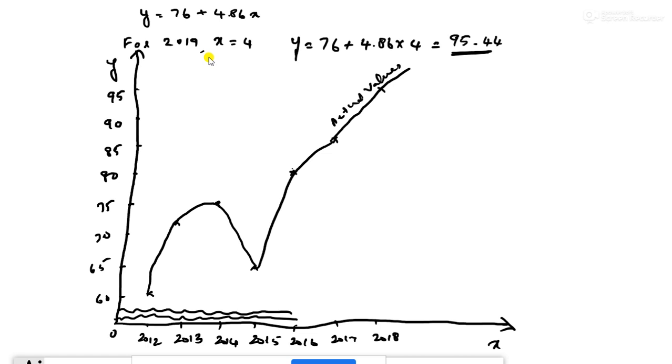Now we have to plot the trend values. For 2012 the trend value calculated is 61.42.